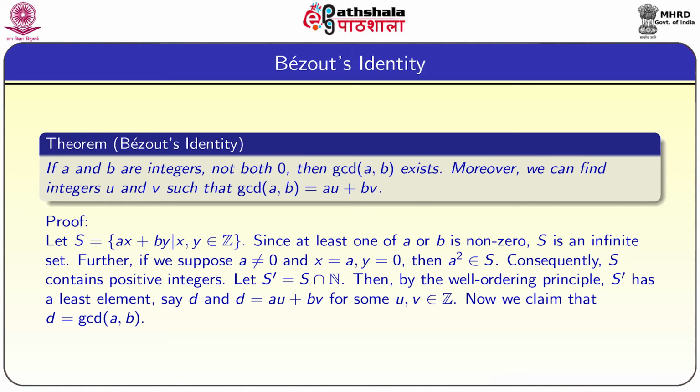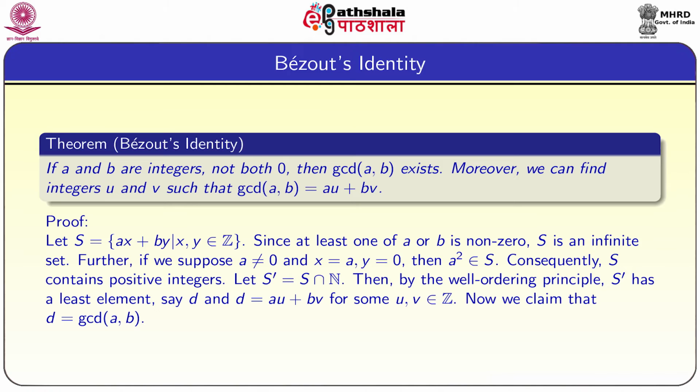Since D belongs to S dash, and S dash is a subset of S, and S is defined as Ax plus By, D should be of the form Au plus Bv. It is because D is one of the elements in S. By giving particular values to x and y, you get the value of D. So D equals Au plus Bv for some u, v belonging to Z. Now, we claim that D is the GCD of A comma B. The least positive integer in S is the GCD.